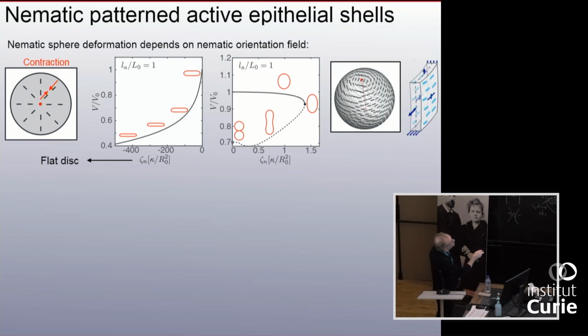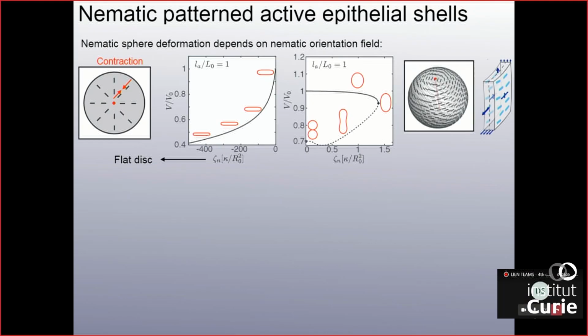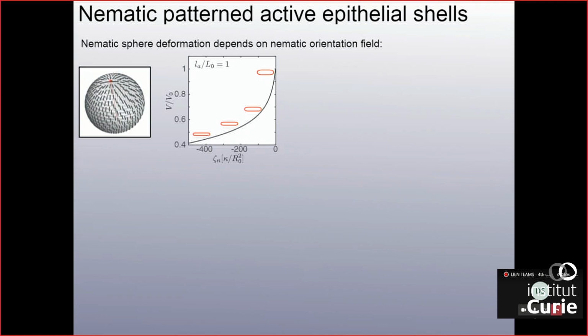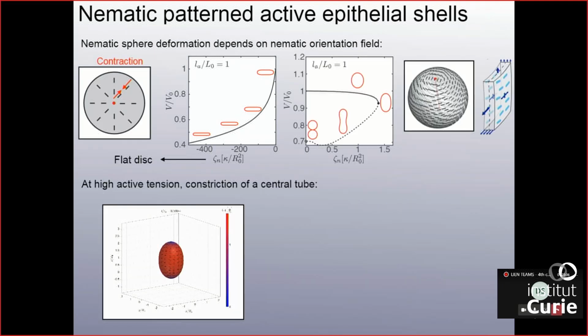Then if the orientation of the nematic order is the other way around, instead the surface elongates, and at this point there is a bifurcation, so the surface loses stability. Above the bifurcation, what happens is essentially what looks like a cell division: there is an instability and a separation at the equator of the shape into two parts.